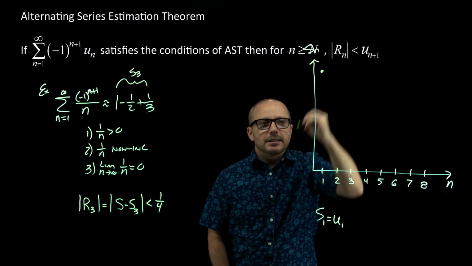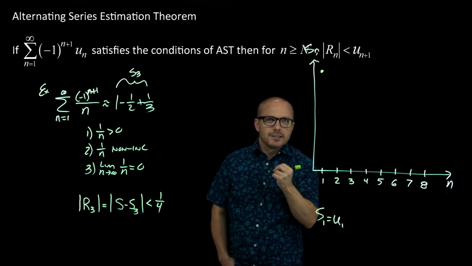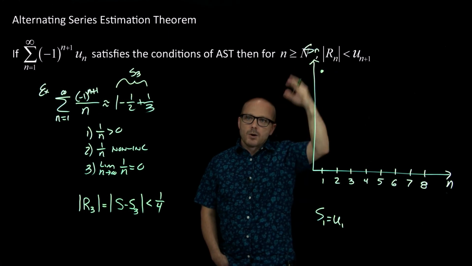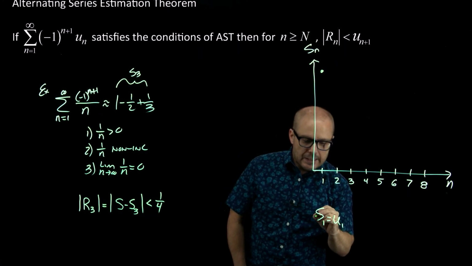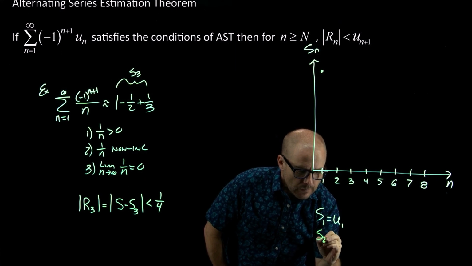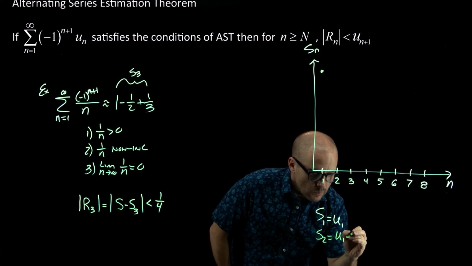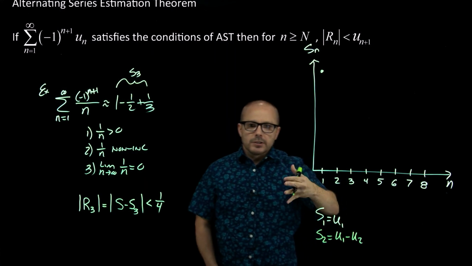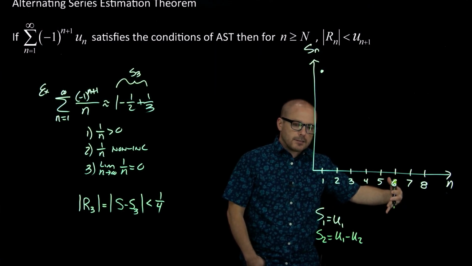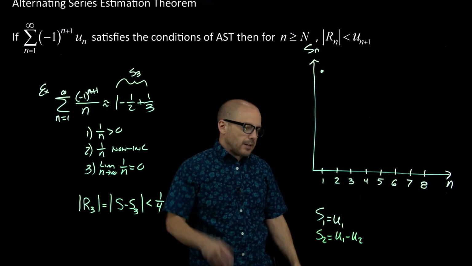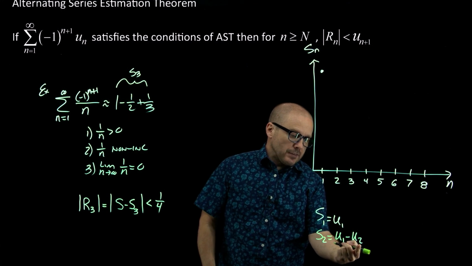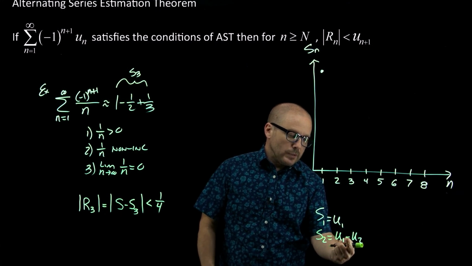I'm going to place it nice and high here because I know what's going to happen next. But I know it's a positive number. What about my second partial sum? Well, it's U1 minus U2, right? It's an alternating series, so the next thing is going to subtract. But because the conditions are satisfied, that really is a positive number. All the U's are positive, so I really am subtracting.